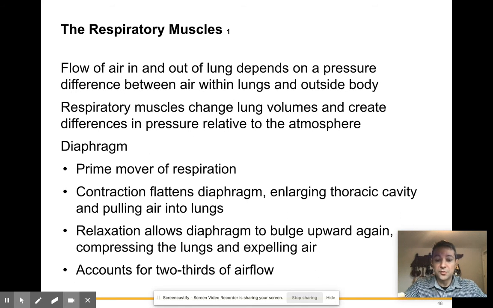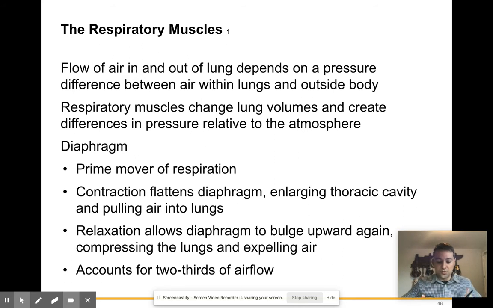When your diaphragm contracts, it actually flattens out and goes down. When you flatten out your diaphragm, it increases the volume in your thoracic cavity. Because the inside of your thoracic cavity is a vacuum, when your diaphragm lowers, it's going to cause air to get sucked into your mouth.